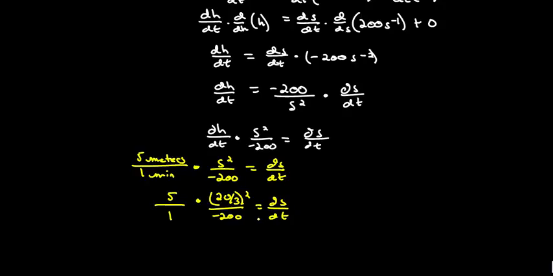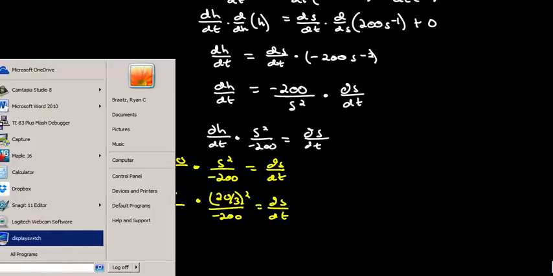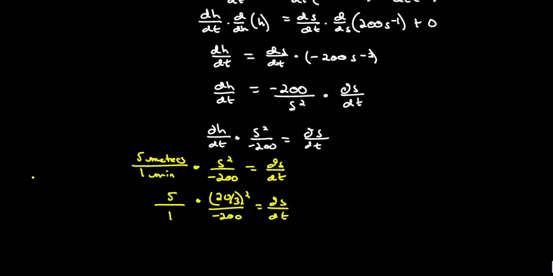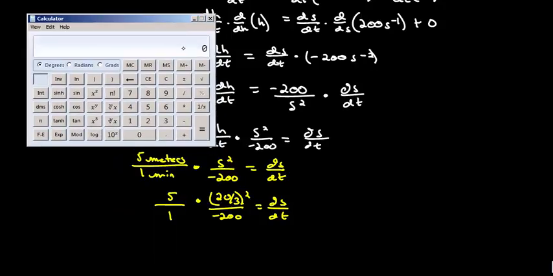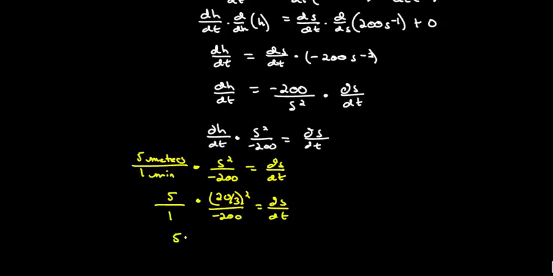And so what I'm going to do is just multiply all this stuff out. So we'll do the computation here. This is going to be 20 times 20, so 400. It's going to be 5 over 1 times 400 over 9 times 1 over negative 200.